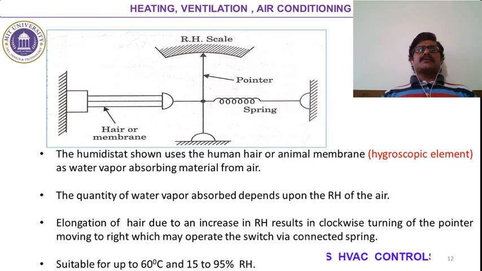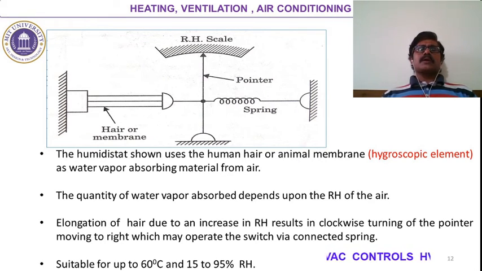The humidistat shown in the figure uses the human hair, that as I told earlier, either human hair or the animal membrane, both are highly hygroscopic elements, that is, water vapor absorbing materials from the air. So any material which is capable of absorbing the water vapor can be used in this application.